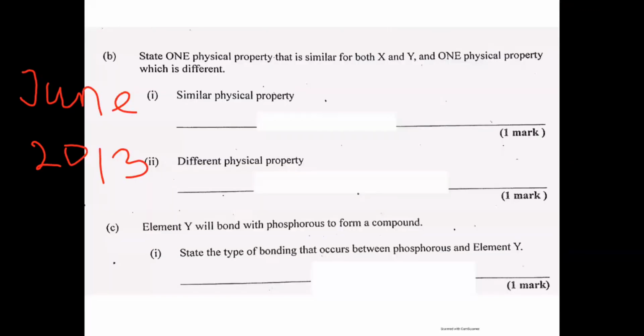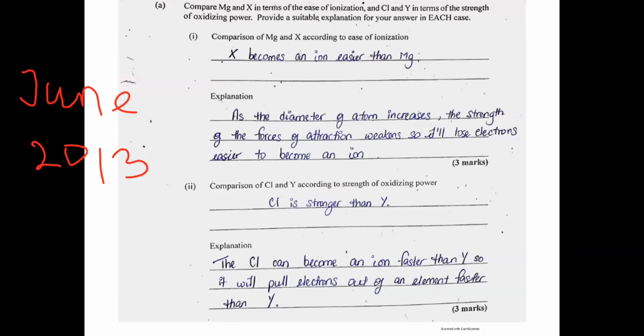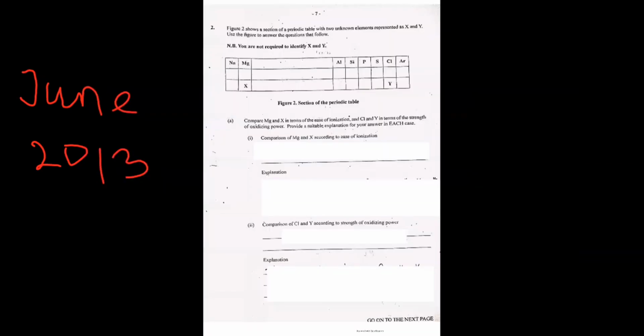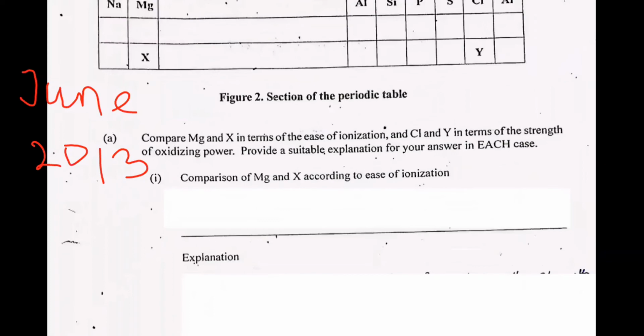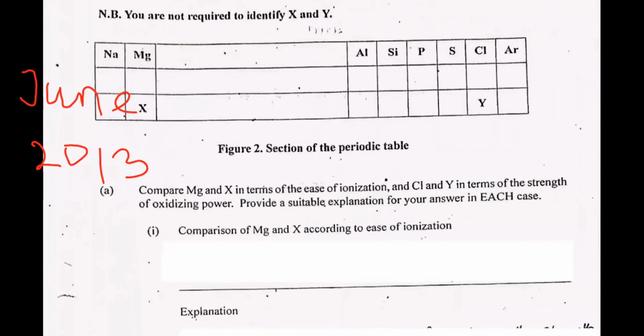So they want you to state one physical property that is similar between X and Y, and one that is different. So physical means what you could see physically, right? So let's look at X and Y. Let me go back to X and Y. Right. My advice, if you're all home and you're doing this, you go on to your normal periodic table and you determine what element X is and what element Y is.